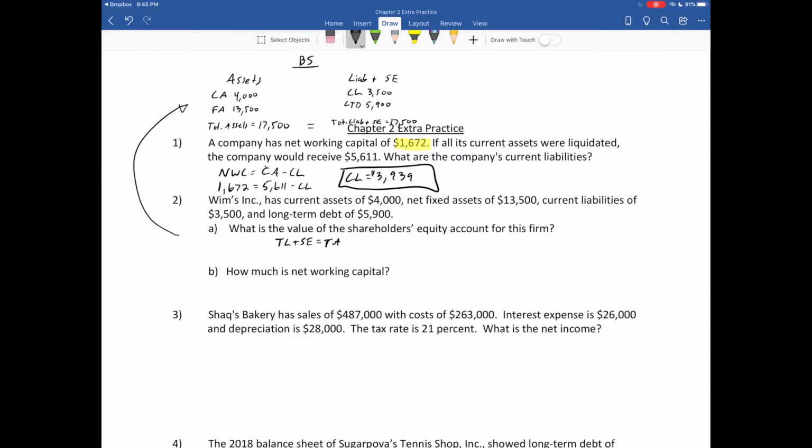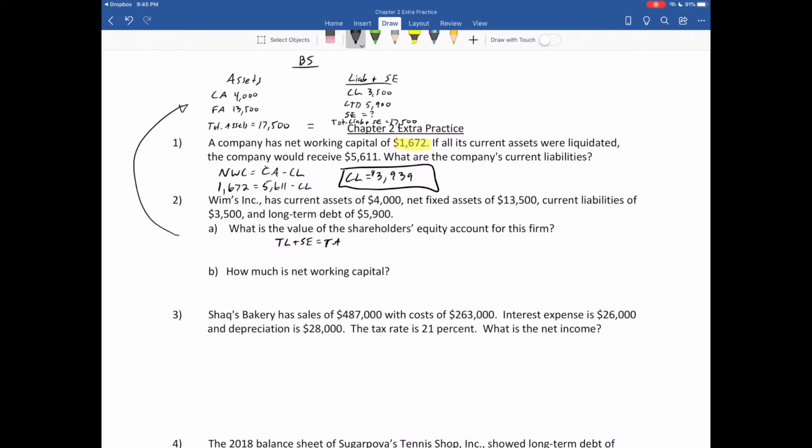We also know then that our right-hand side of the balance sheet, liabilities and stockholders' equity, is broken down into current liabilities and long-term liabilities for our liabilities portion, and then we will have our stockholders' equity balance to sum together for our total liabilities and stockholders' equity.